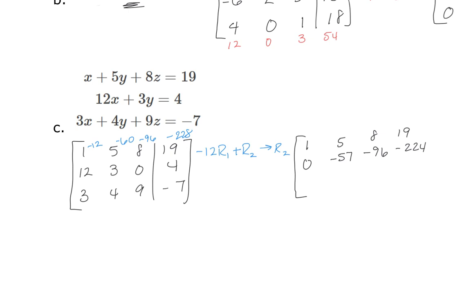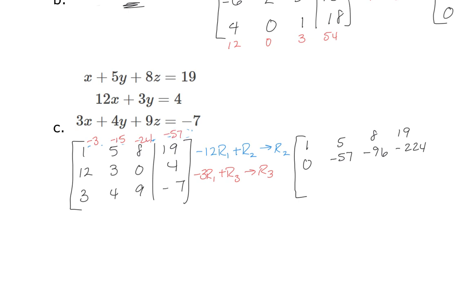At the same time, I'm going to take -3 row 1 plus row 3 and put the answer back into row 3. So again, I'm going to go ahead and erase these numbers. And I get -3, -15, -24, and then 19 times -3 is a -57.